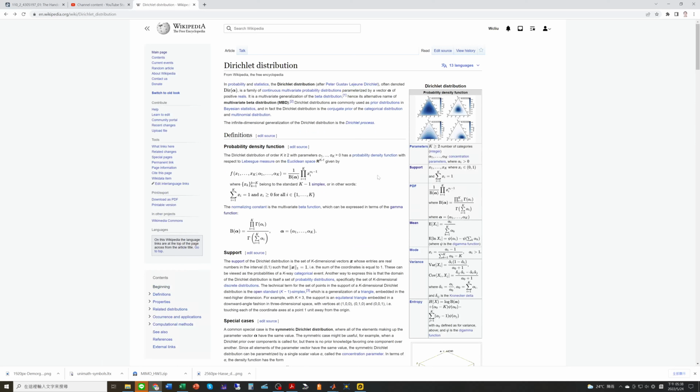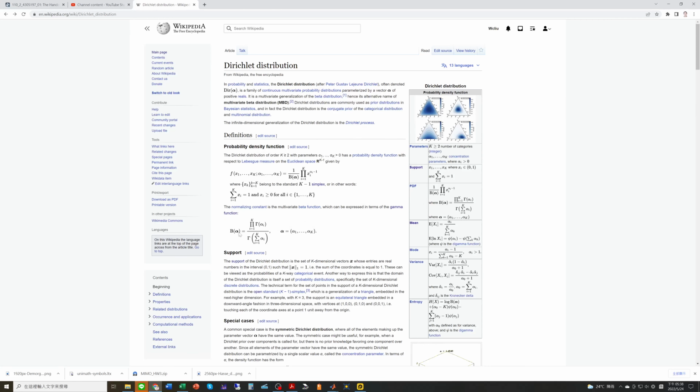Dirichlet distribution. Okay, or in other words, summation i is equal to 1 to capital K, x_i is equal to 1, and x_i is greater than or equal to 0 for all i in the set which contains 1 to capital K. The normalizing constant is the multivariate beta function, which can be expressed in terms of the gamma function.